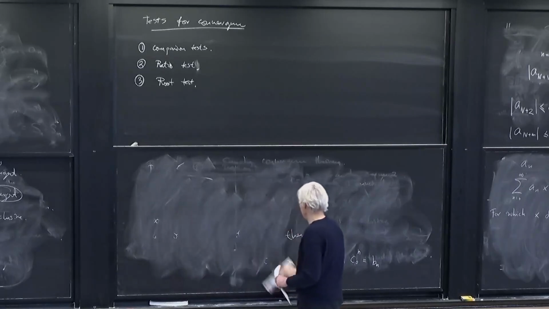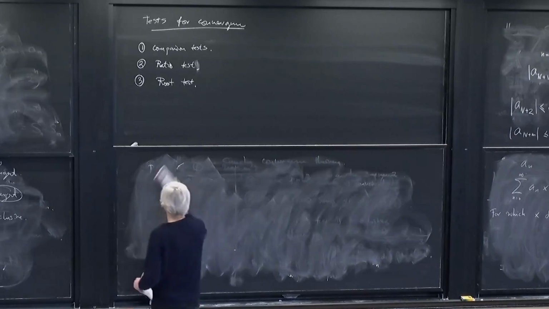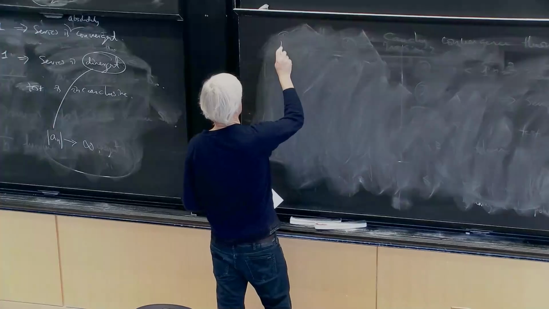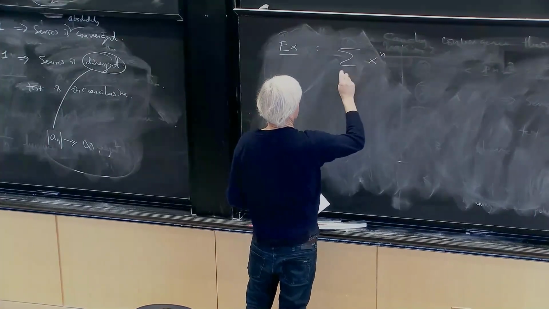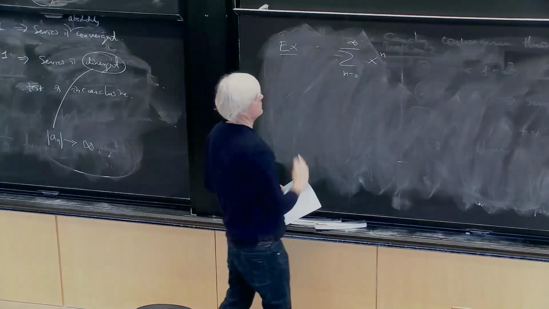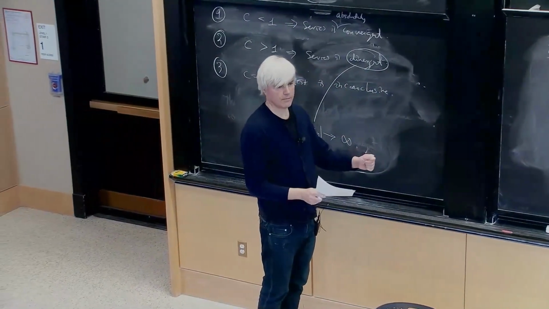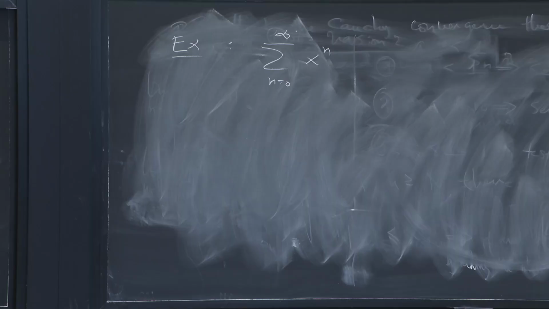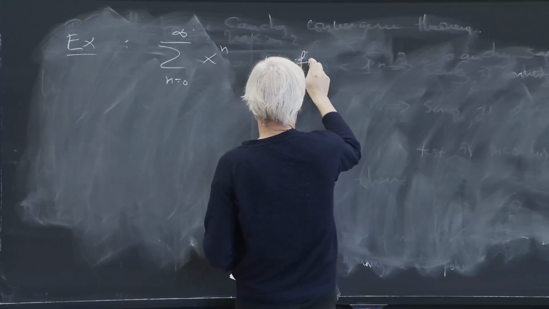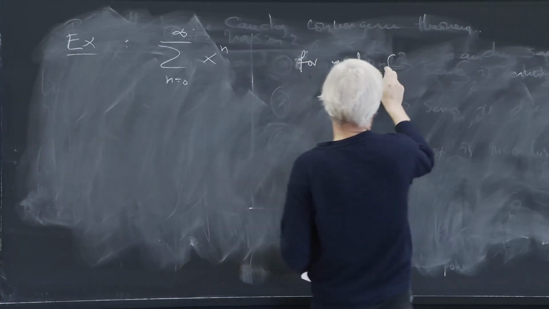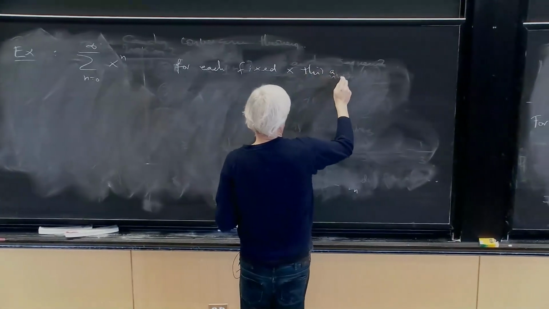Of course, if you look at the first example, that is what we already talked about. Suppose I'm looking at this thing here. Well, this here is x. If you think about x as being fixed, this is a geometric series. And we already know, for each fixed x, this is the geometric series.